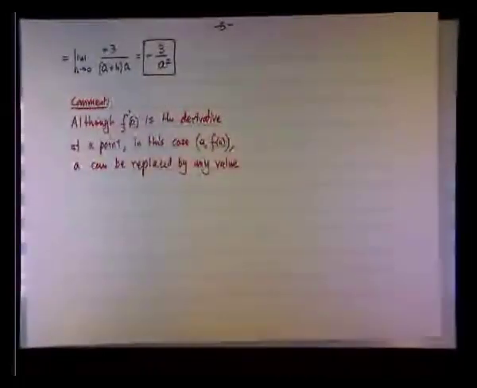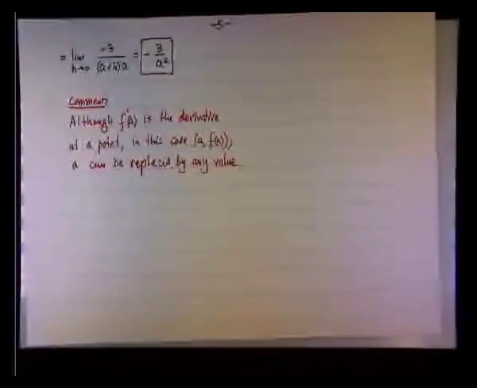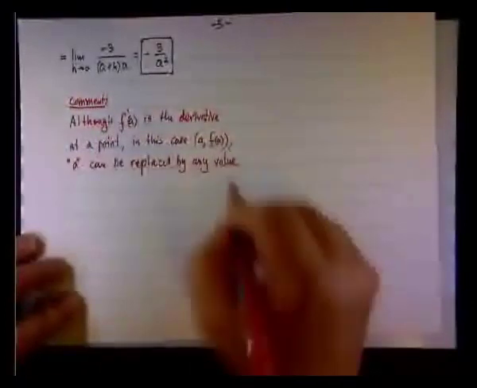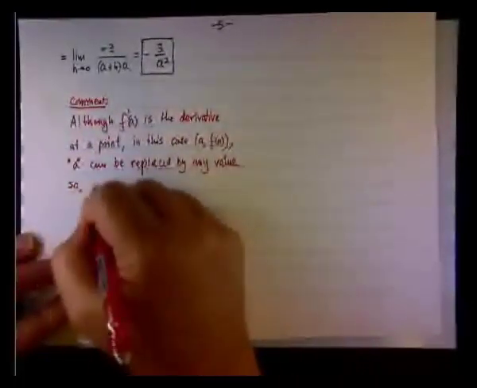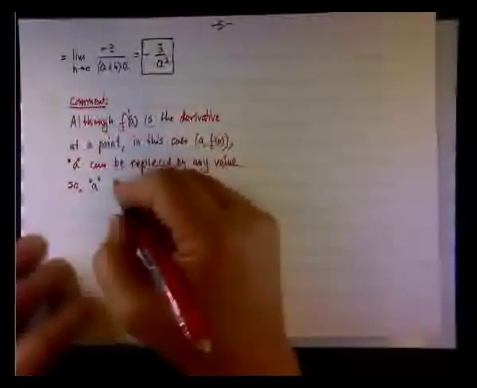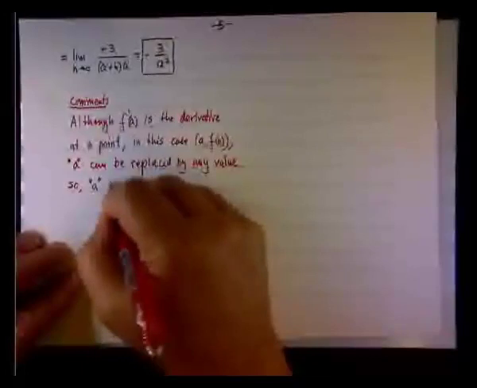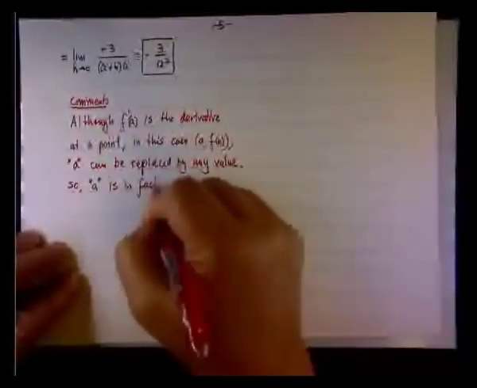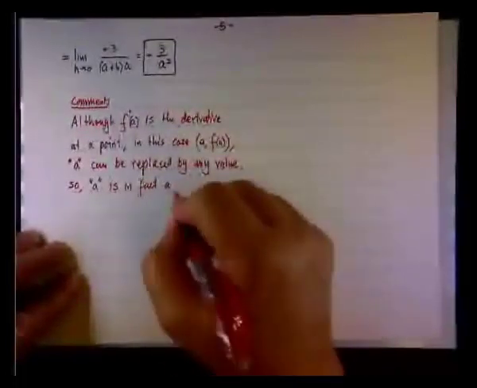And that's what I said before. We found it for a generic value a. So if a can be replaced by any value, then, and I'll put a in quotation marks, a in quotation marks might as well be replaced by x, because a is in fact a variable. That's what we mean by replacing by any value.